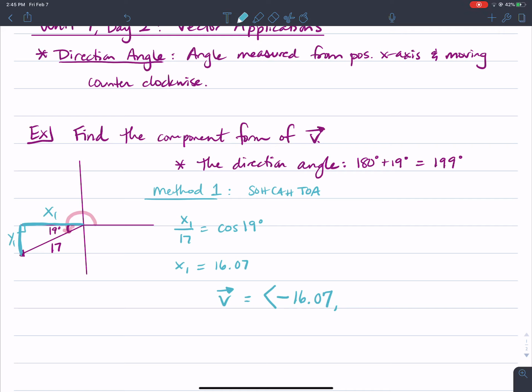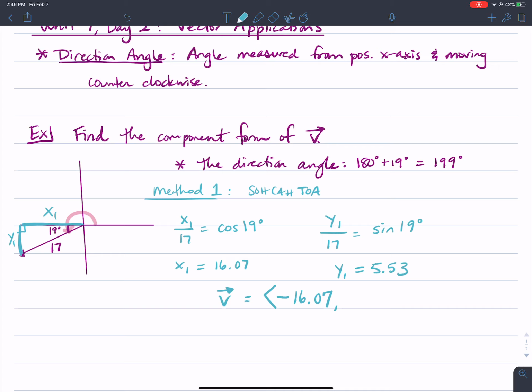To find the y component, y1 is opposite the 19, so opposite over hypotenuse is going to equal sine of 19. Multiply the 17 over, and you'll get y1 equals 5.53.